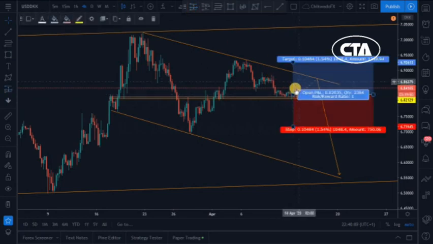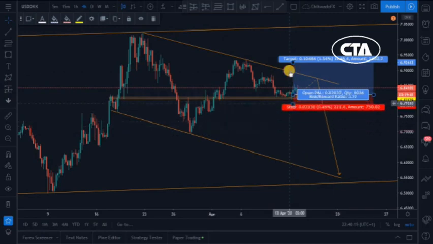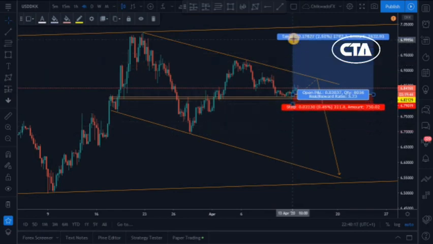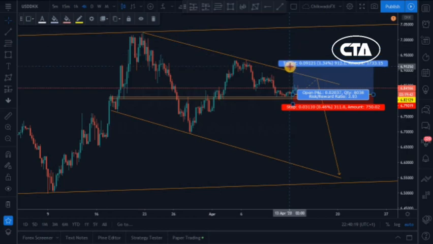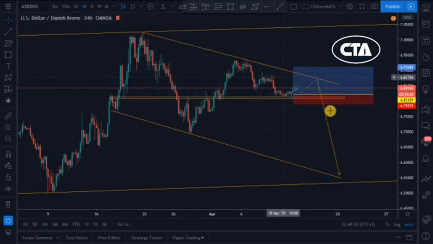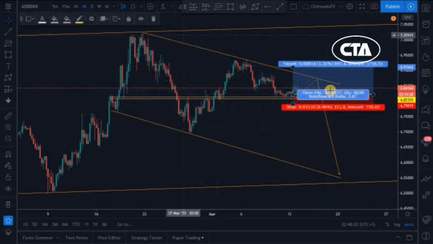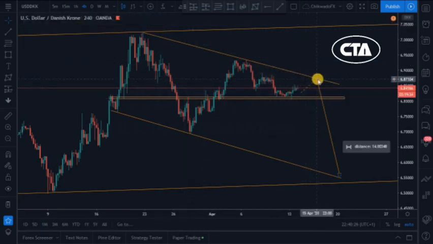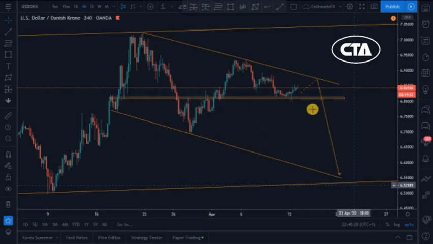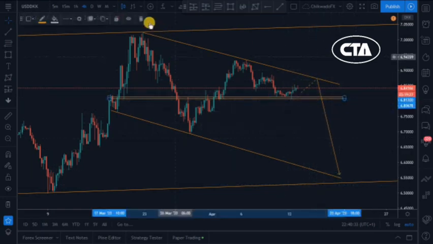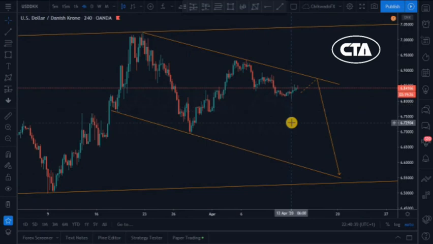So they buy, the market plays a bit in profit, put their stop loss here. Maybe they have a target somewhere here, or they are targeting this high at this level. The market plays a bit in profit, probably almost hits the target, then boom, meets this trend line, turns around, stop loss is hit, and then those of us that actually trade the market for what it is are in profit.